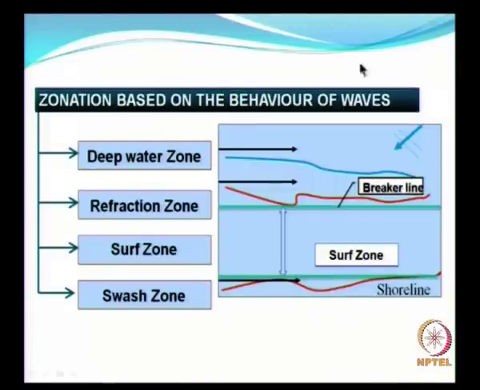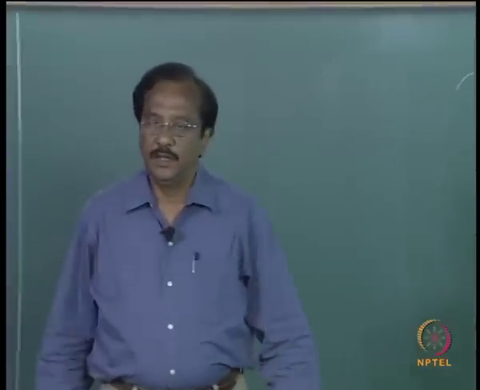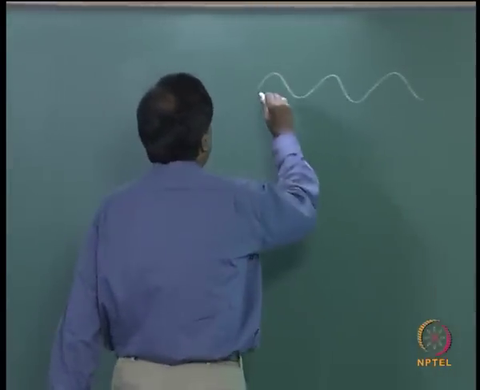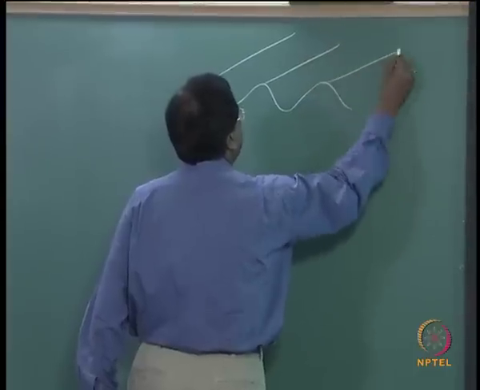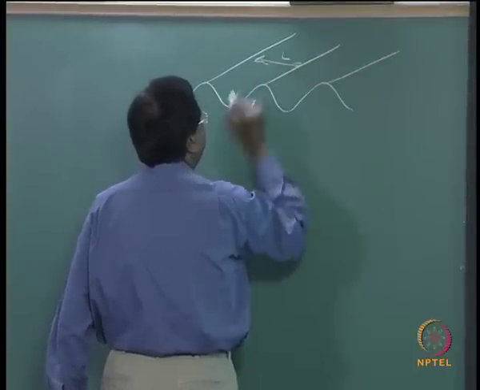The first zone is the deep water zone, wherein the wave crests are parallel to each other. Some of the books or some researchers call them wave fronts. In elevation you represent waves like this, which when you see from plan will look like this, and this is the wavelength.